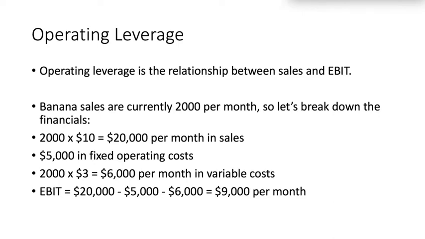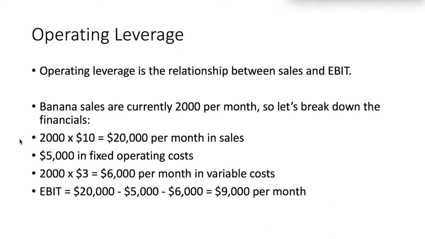Okay, so one question is, how much operating leverage is there in the banana stand currently? And as you recall, the definition of operating leverage is the relationship between sales and EBIT, right? So let's say that banana sales are currently 2,000 per month.